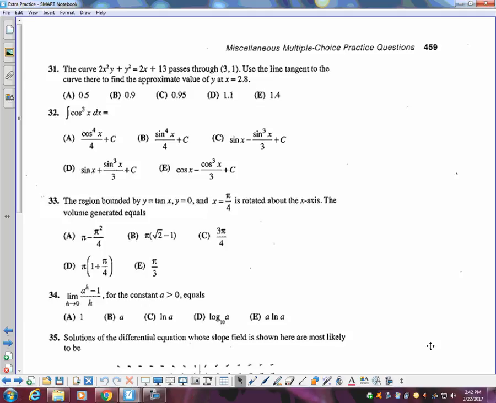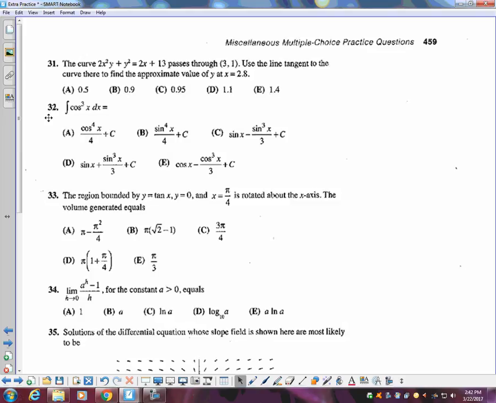Okay, the antiderivative of cosine cubed. If I let u be cosine x, the derivative of that would be negative sine, and I don't have a negative sign, and I can't pull a negative sign out of thin air. So I can't do u-substitution with my cosine.